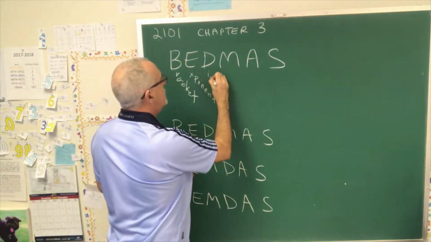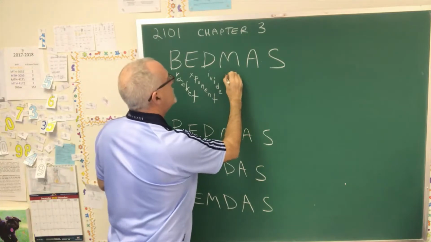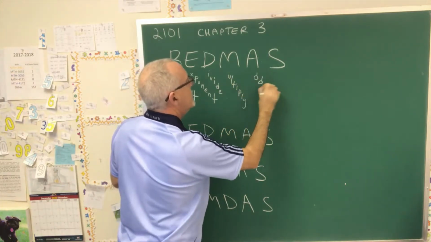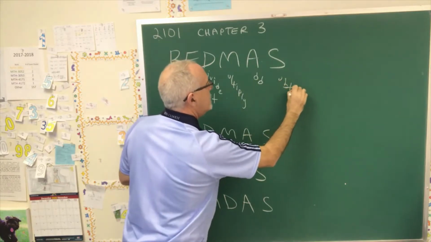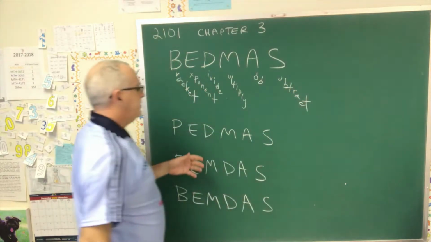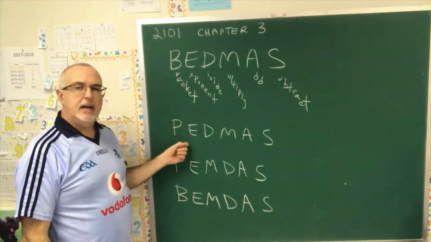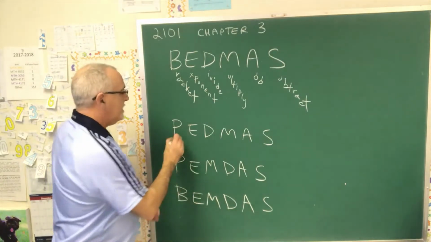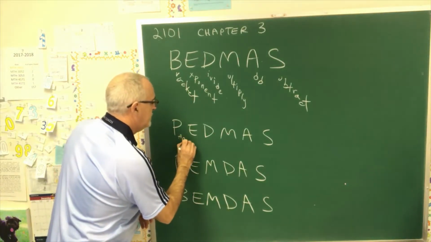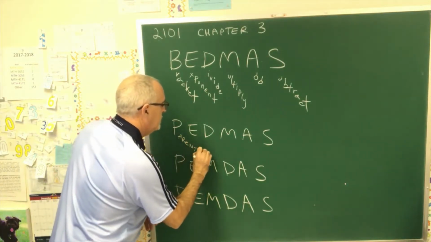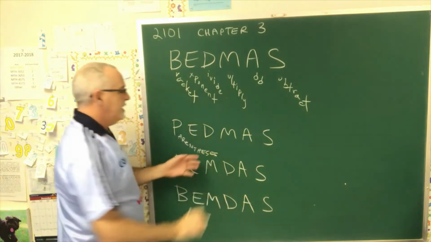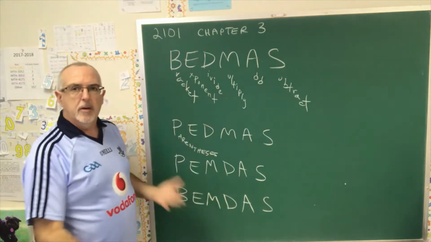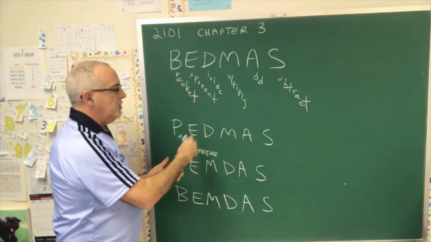D is divide, M is multiply, A is add, and S is subtract. When people use PEDMAS instead with a P here, they mean the same thing. B is for bracket, P is for parentheses. They're really the same thing in math. So that's the only difference between the ones who say BEDMAS and the ones who say PEDMAS.